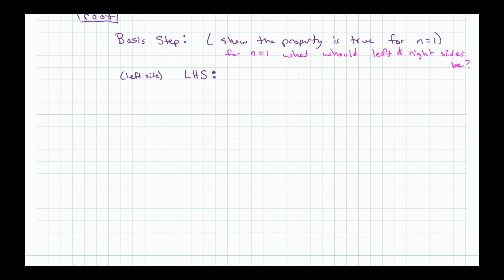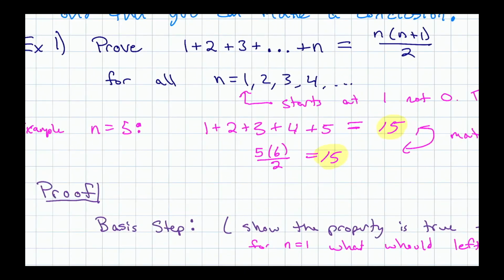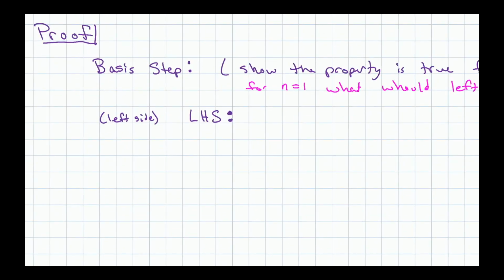What's the left-hand side of this equation if n equals 1? Well, it's 1, 2, 3, 4, and you stop at n. So if n is 1, we're supposed to stop at 1. So if you write this out stopping at 1, it's just a 1. Okay, now what about the right-hand side?